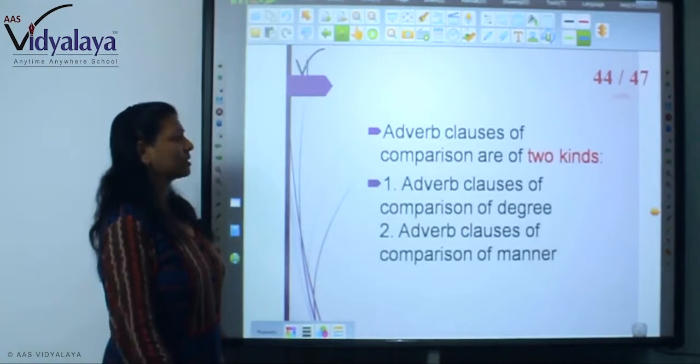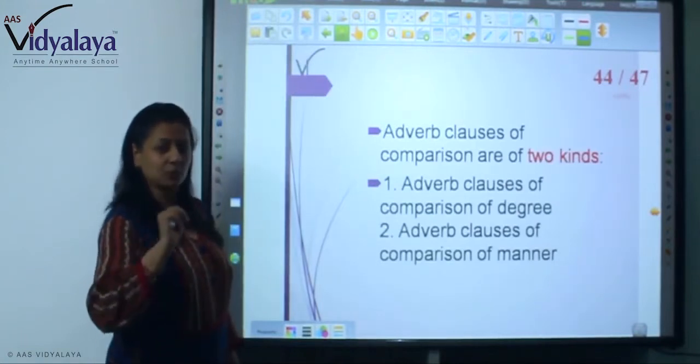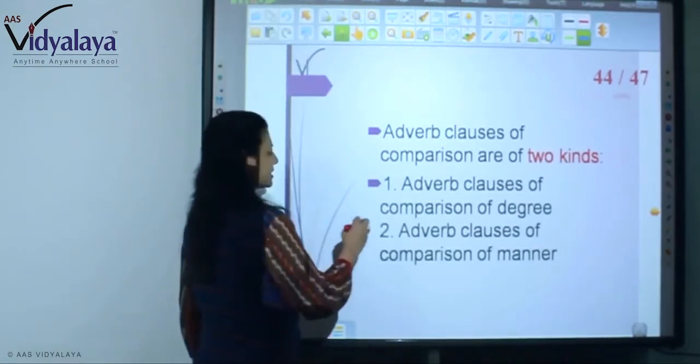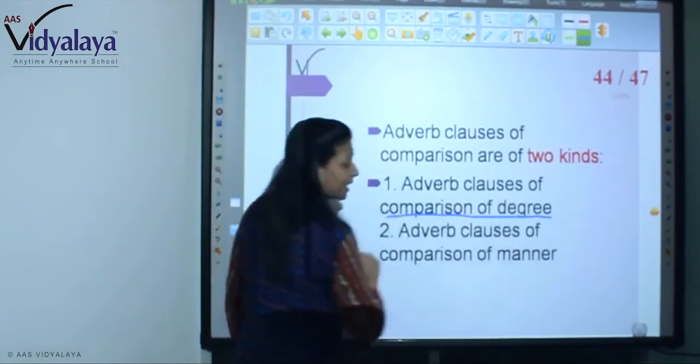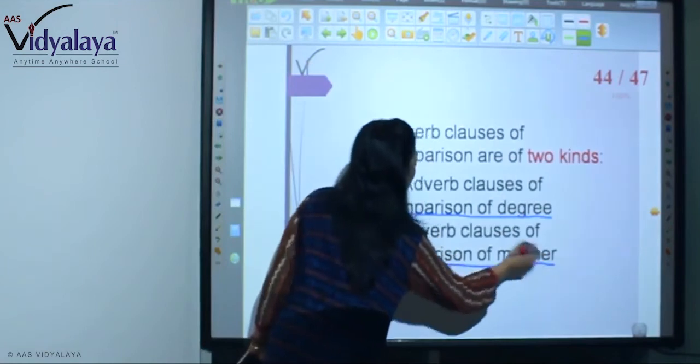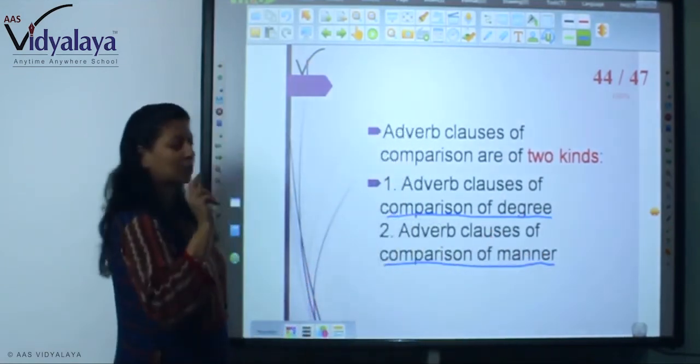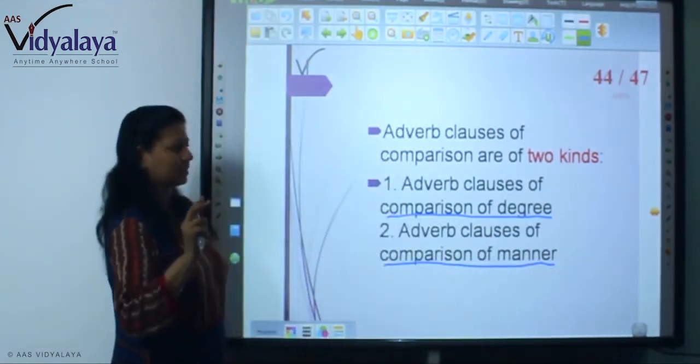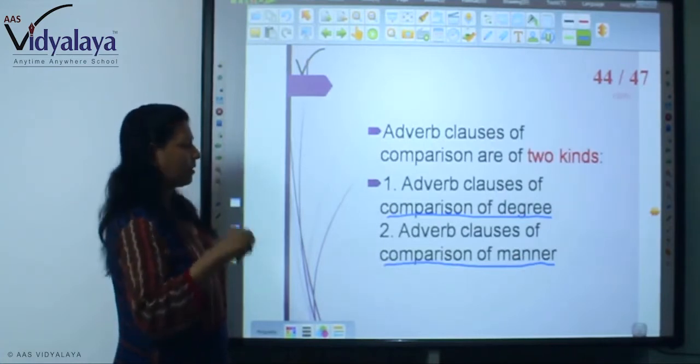Now, adverb clauses of comparison are of two types. First is comparison of degree, and second is comparison of manner.